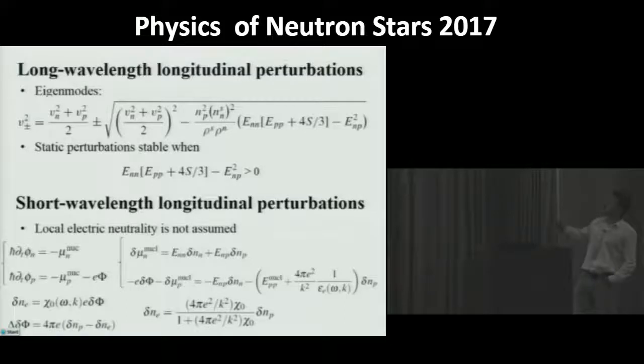And you can easily see that when this term becomes positive, this reduces, and V plus minus squared is always positive, so the situation is stable. However, when this term becomes negative, the expression under the square root wins, so V plus minus squared can be negative, which signals instability.